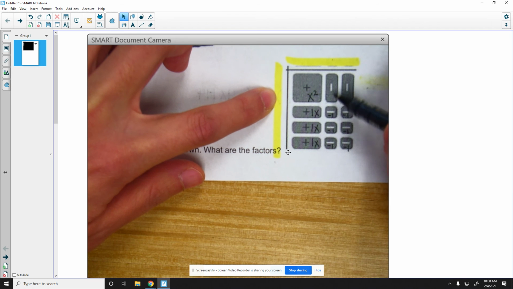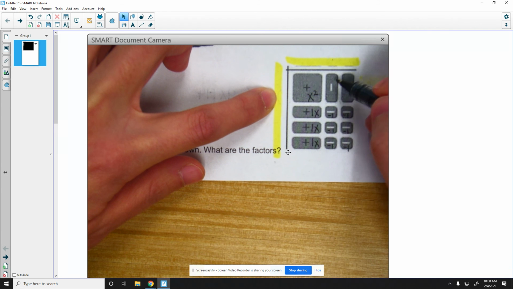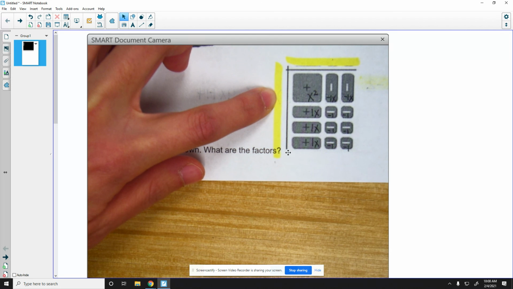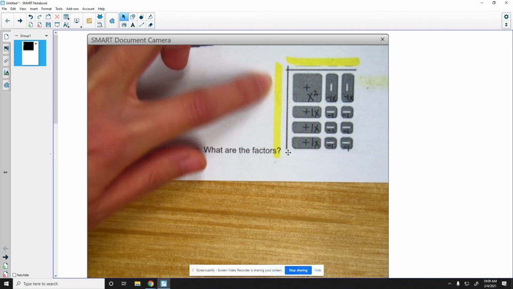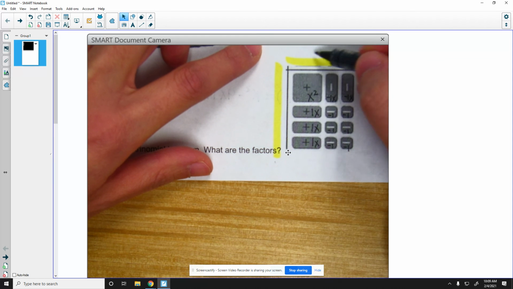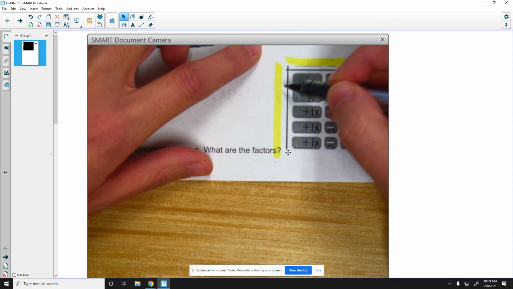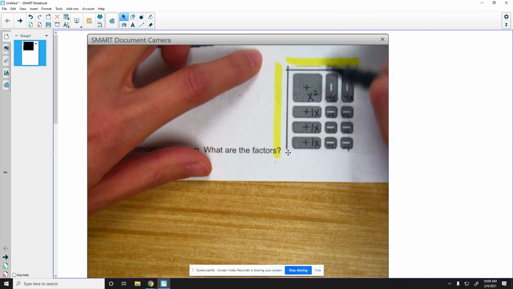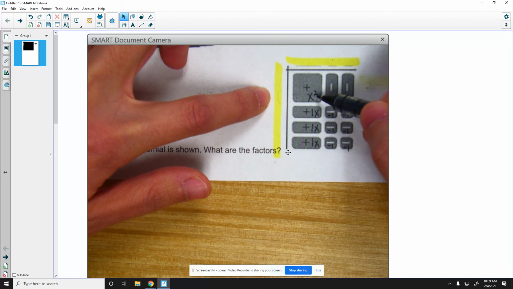And then the long skinny ones, what would that be? Well, each one would be negative 1x, negative 1x, like that. Okay, so at least we can do this one up here. What is this one going to be up here and on the side to get me x squared as the answer?